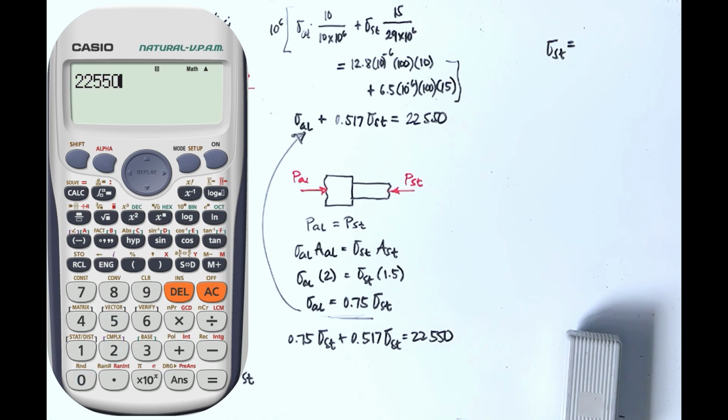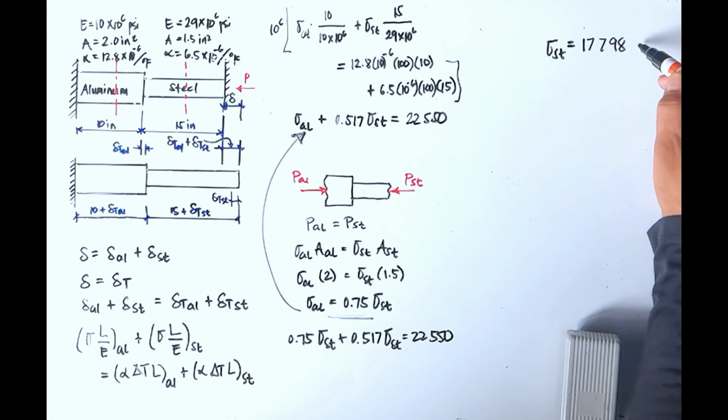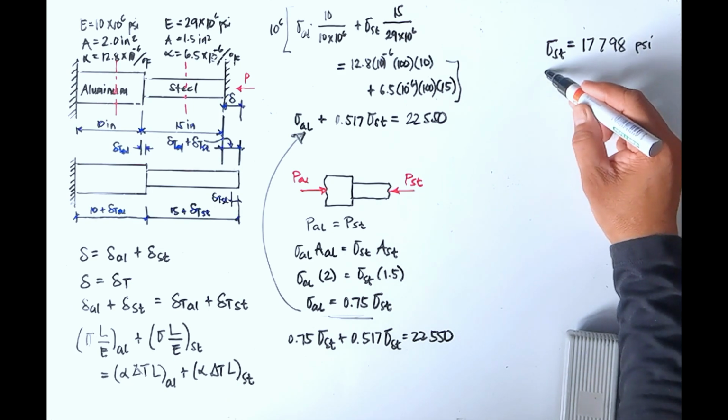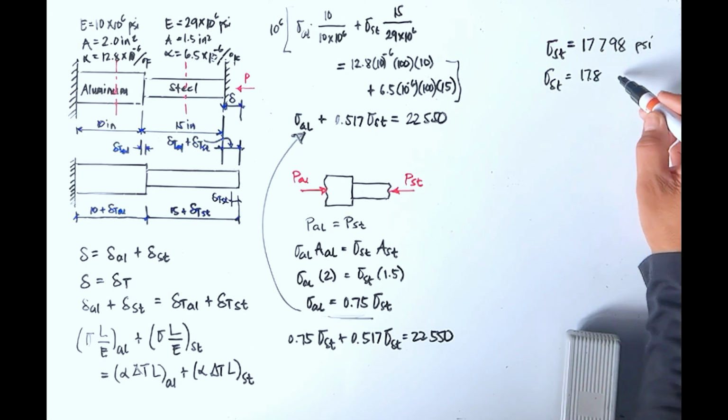So the stress in the steel is 22,550 divided by the sum 0.75 plus 0.517, which equals 17,798 PSI, or 17.8 KSI.